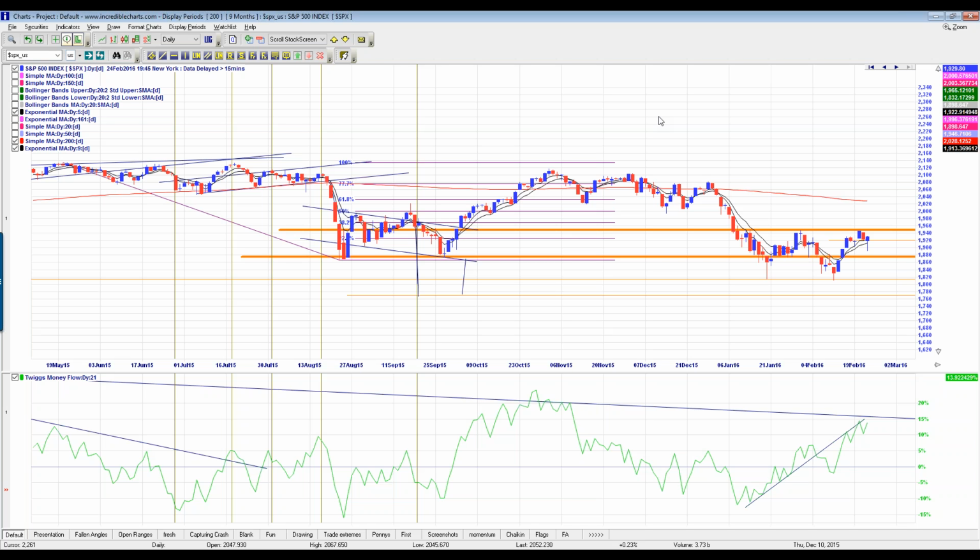So there's 2 days of every month that are the most important days for the S&P 500 above all. If you go back 2 years and look at the first trading day of every month, we'll look at the most recent here.